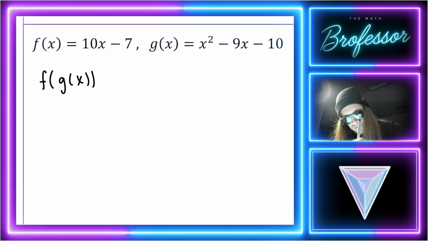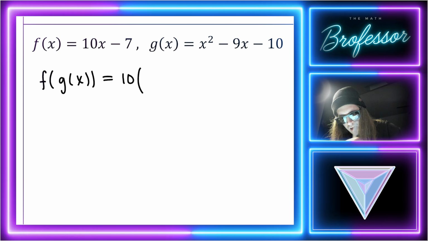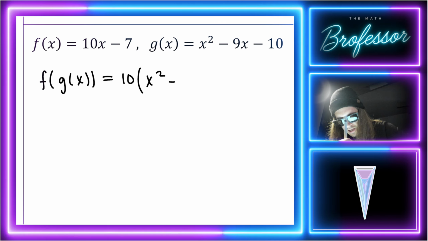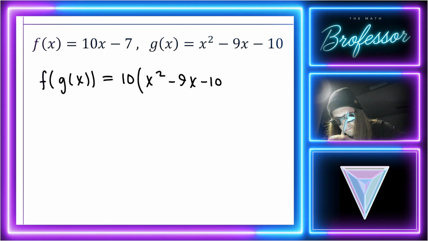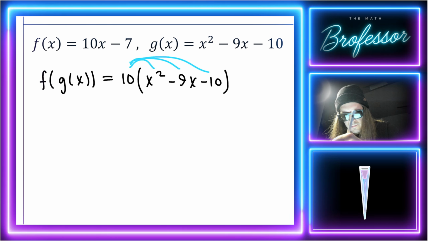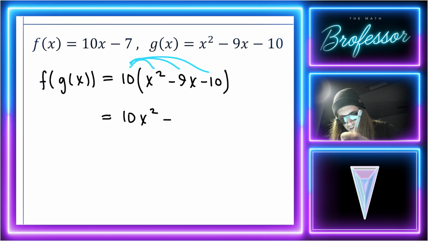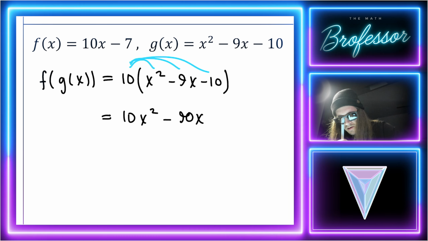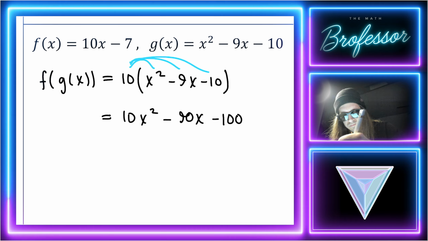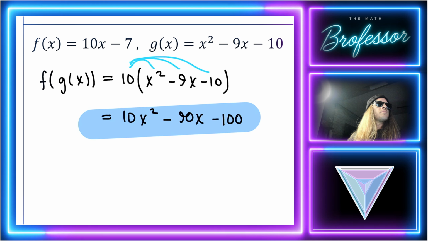F of g of x would be 10. I'm going to start skipping steps here and just plug in the function right away. I would then distribute this 10, and that would give me 10x squared minus 90x minus 100. Let's check it.